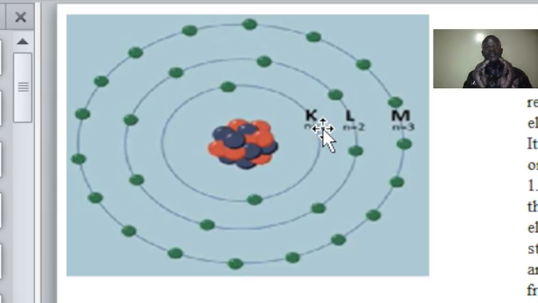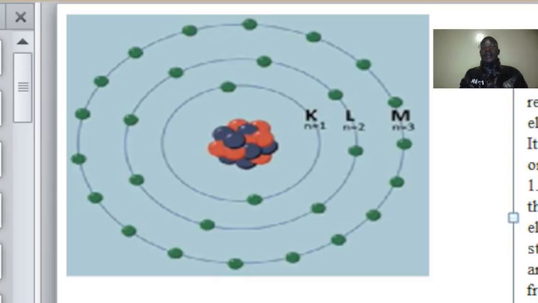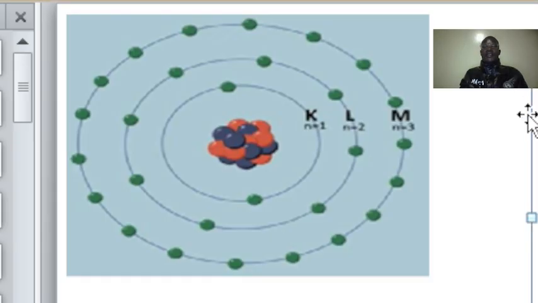If it is closer to the nucleus, the force of attraction, the binding energy, is going to be very strong compared to an energy level that is far off. So you will appreciate that the K shell has higher binding energy than the L shell, and the L shell has higher binding energy than the M shell.